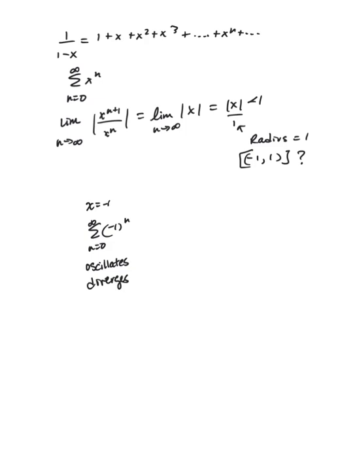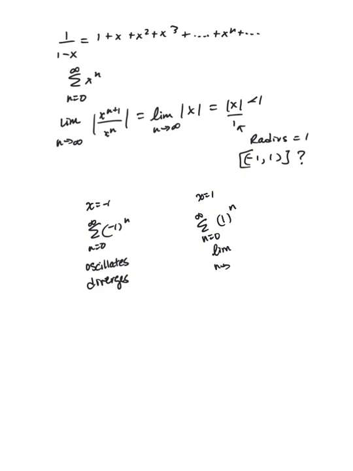Now, if we look at x equaling 1, we just get the series from n equals 0 to infinity of 1 to the n, which you can just use the nth term test for divergence.